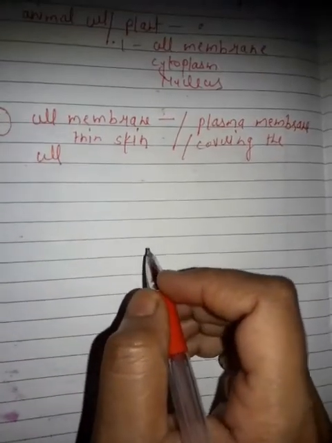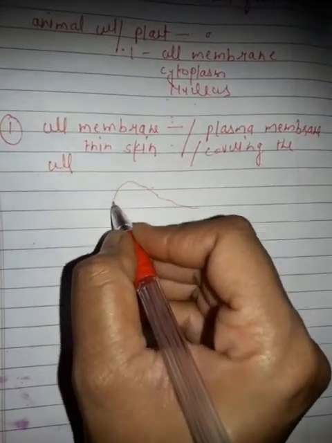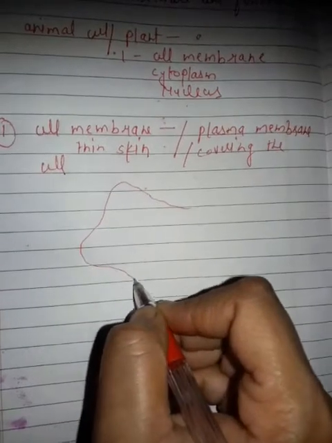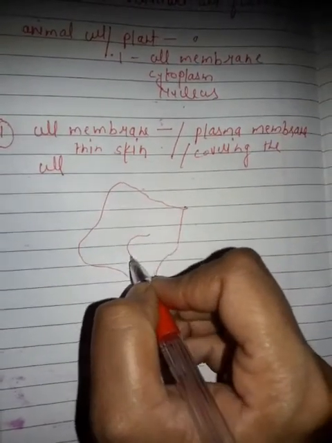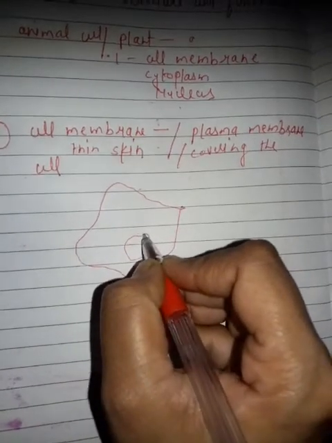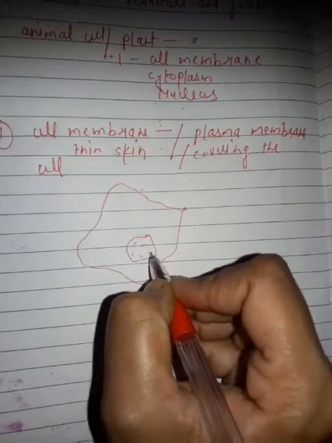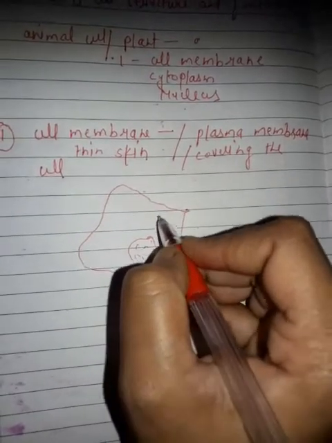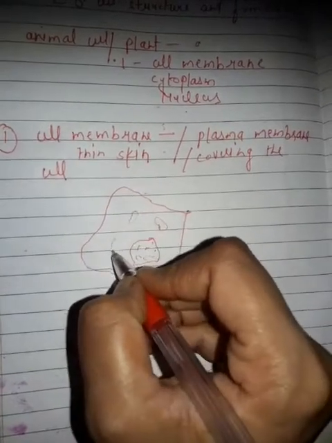I will draw the diagram of an animal cell. This is the inside cytoplasm.